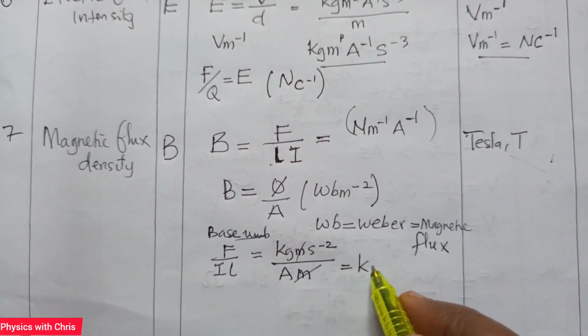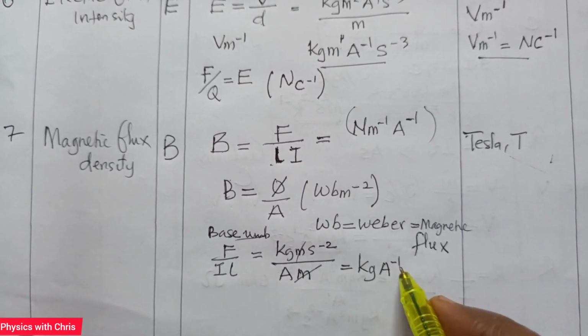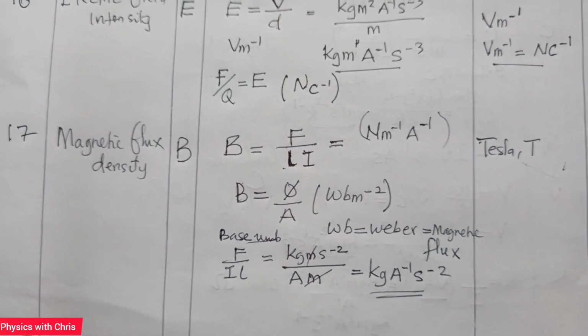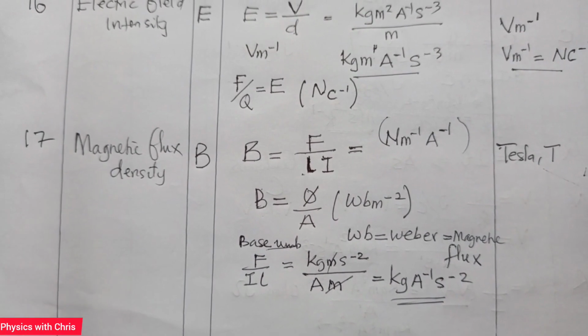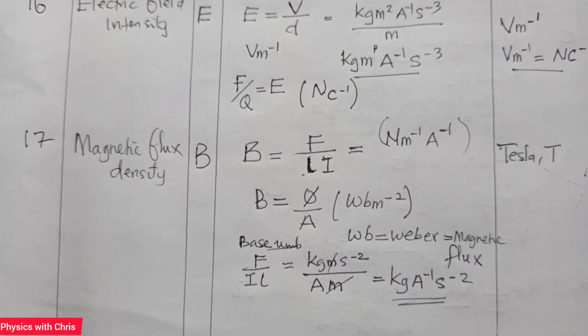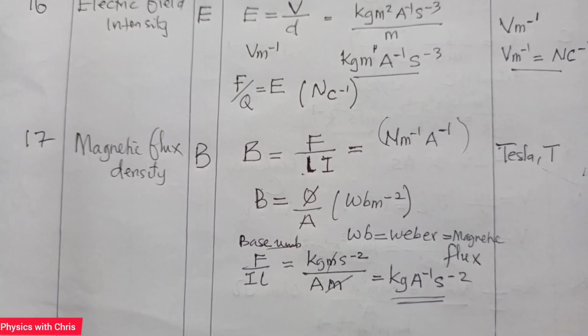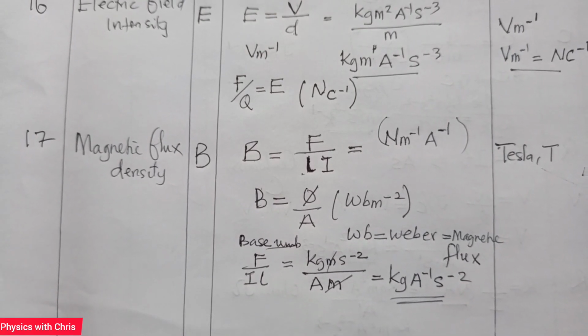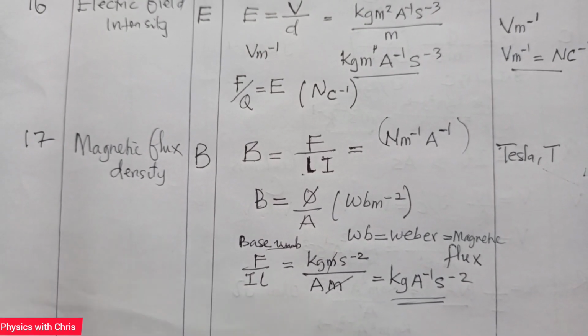That gives me kilogram ampere minus 1 second minus 2 as the SI base unit of magnetic flux density. You can see that almost all these derived quantities can be expressed in terms of base units, fundamental units. That's what we call them, fundamental units, because all the other quantities are derived from one, two or more of these base quantities, fundamental quantities.